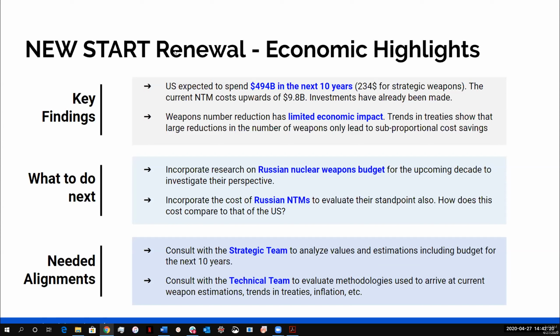So this could be a big incentive and a motivating factor for renewal of the New START. So you may flesh out such a potential impact of COVID-19 on the possibility of the renewal.